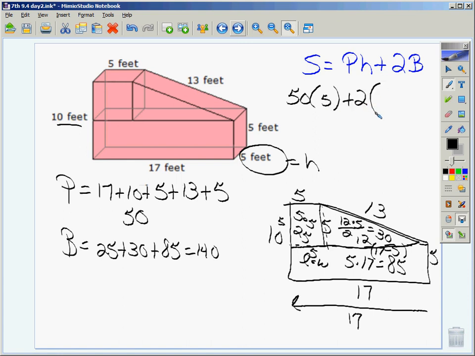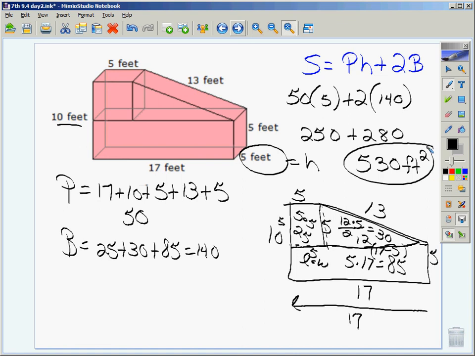What do I put in place of B? 140. 5 times 50. 25 with 0 on it, right? Yeah, 250. Plus 280. 530. It's in feet, so it would be feet squared. 530.